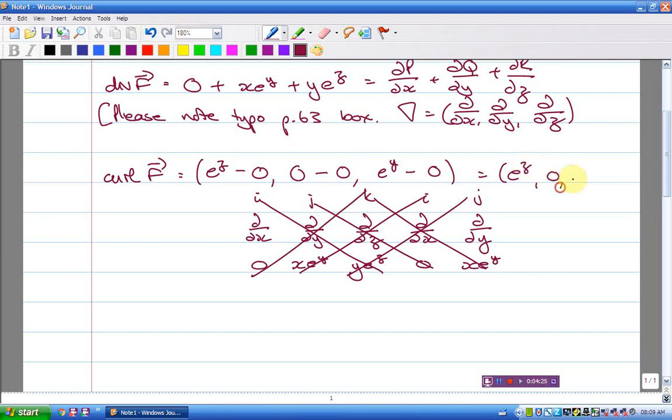And that's a 0, and that's e^y, and there's curl F. Okay, so at the moment all we're really doing is just practicing doing the calculations rather than using these in a context. Exercise 23, we're given a scalar function.